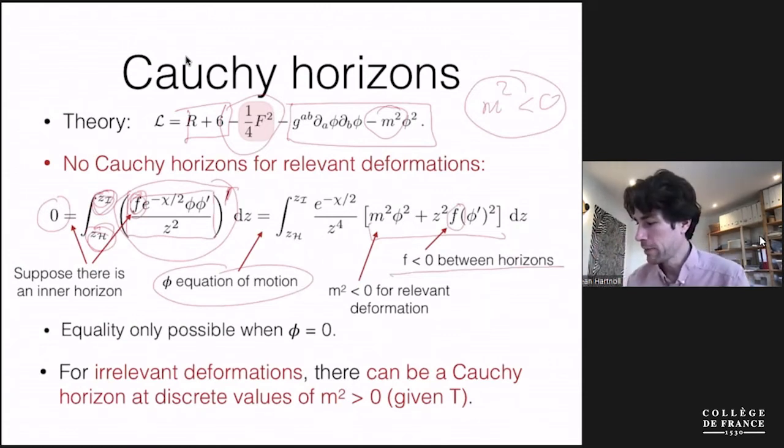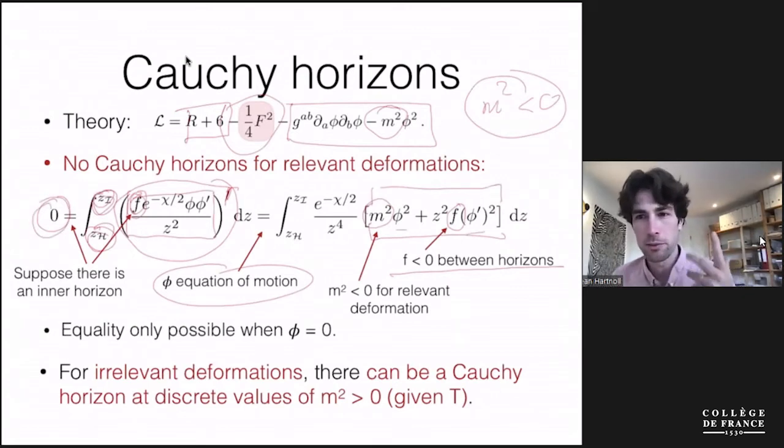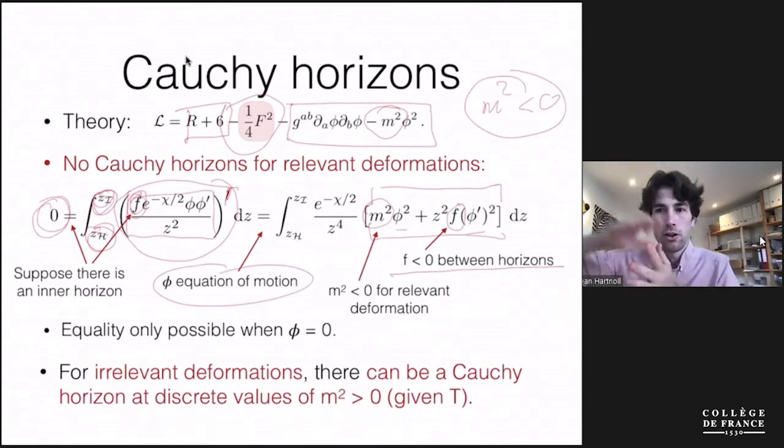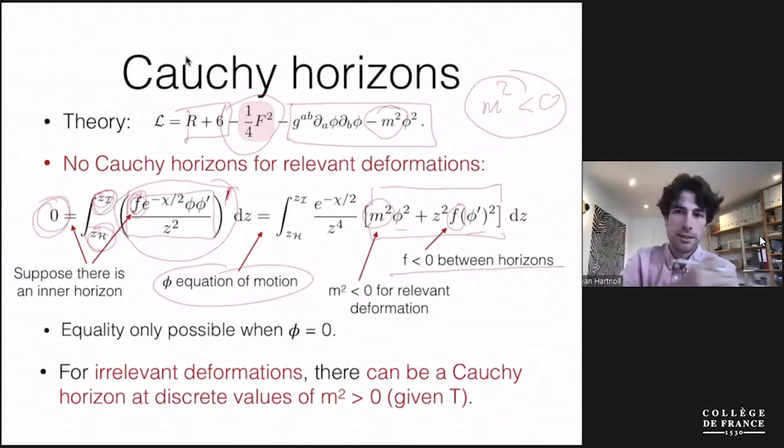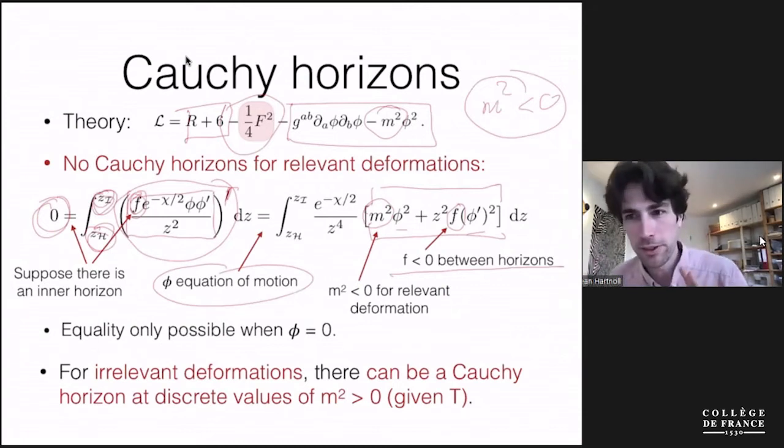And so if this mass squared is also negative, both of these quantities are negative definite and they can't be 0 unless phi is 0. And so actually, to some of you, this may not be useful. This is extremely similar to how you prove no hair theorems for black holes on the outside, but it's on the inside, okay? And so we can, for example, this proves, I mean, this is probably a little bit fast, but maybe you can at least get a flavor of it.